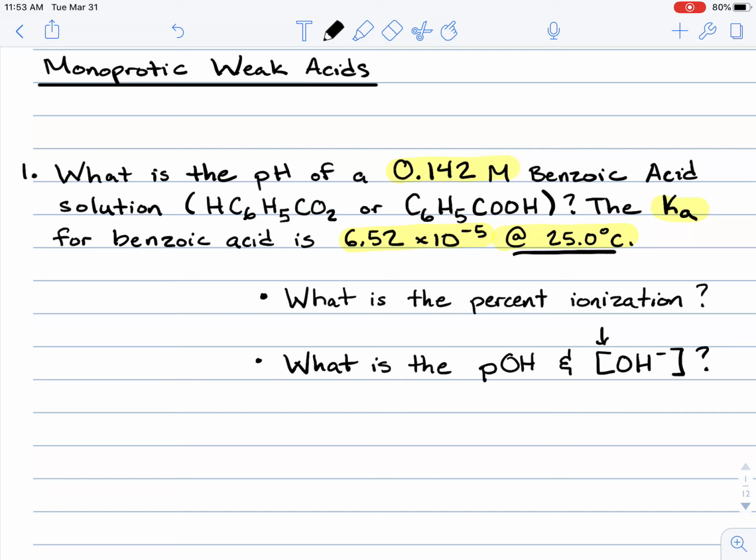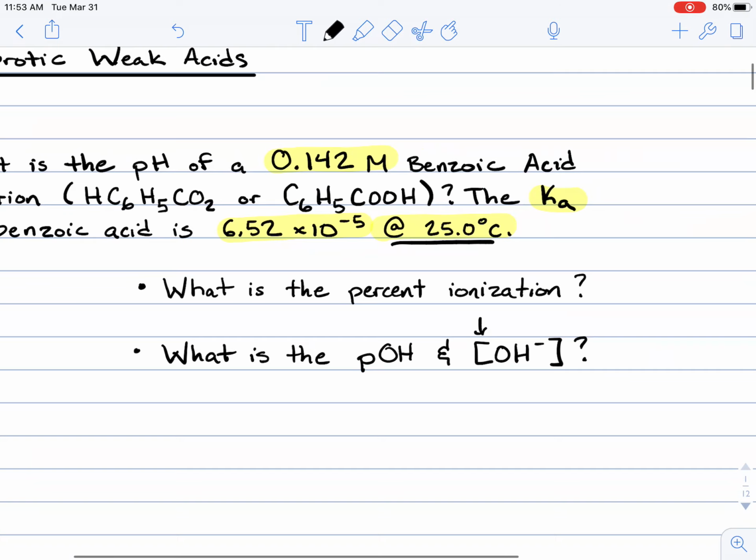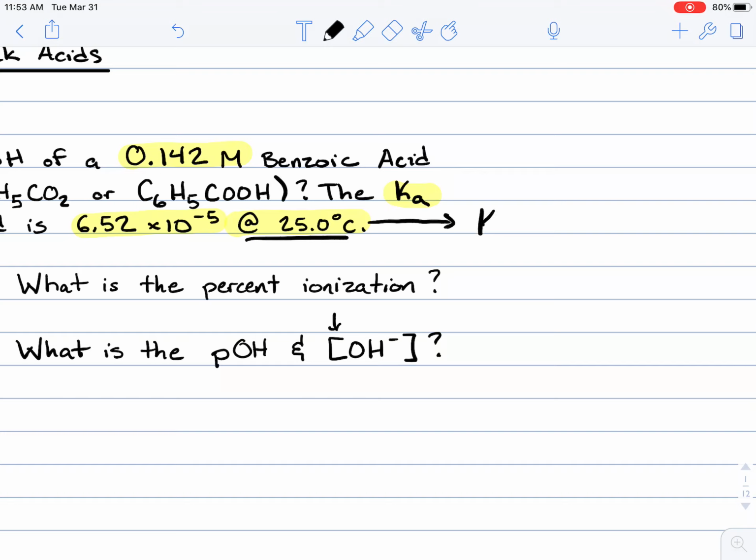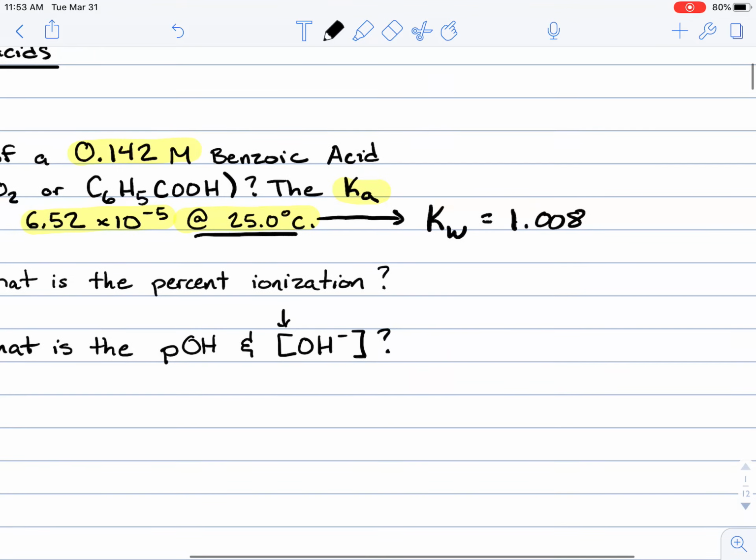Also, since we're at 25 degrees Celsius, we know that the Kw, the ionization constant for water, is 1.008 times 10 to the negative 14. It's reminding us that we can use these values if we are at 25 degrees Celsius. If we're not at 25 degrees Celsius, we will have to look up the value of Kw.